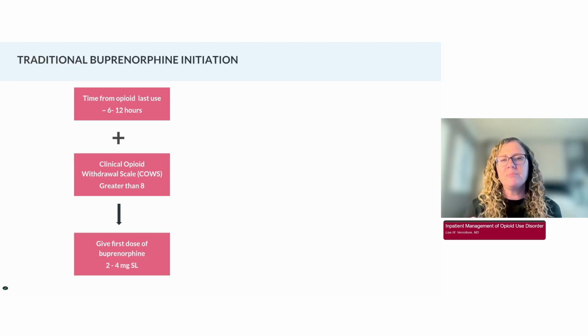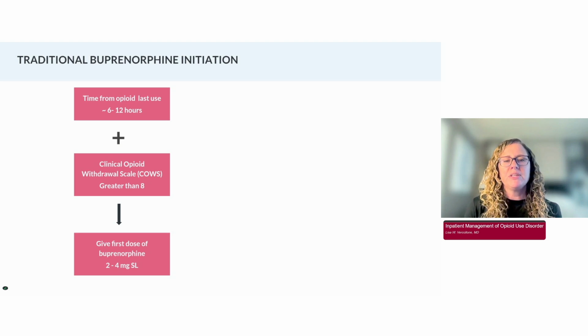So the traditional buprenorphine initiation, and this predates fentanyl, the way we would do this is we would wait for 6 to 12 hours from the last opioid use. And in general, it would be heroin or oxycodone. If you waited for at least 12 hours, you know that for the most part, the medication is largely metabolized.